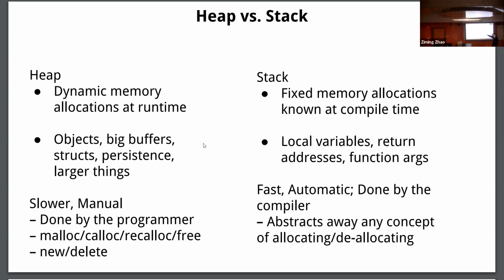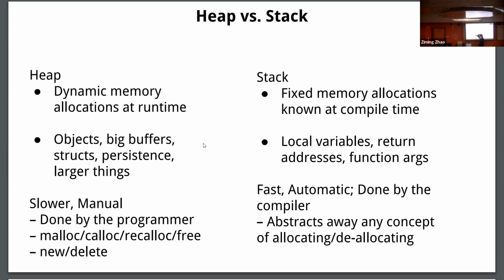This is very fast. How fast is it? It's just one instruction, subtract RSP number. Every time you want to refer to an address, it will just be RSP plus something, RBP minus something, right? Or EBP minus something. That's very fast. And it abstracts away the concept of allocation and also release here.